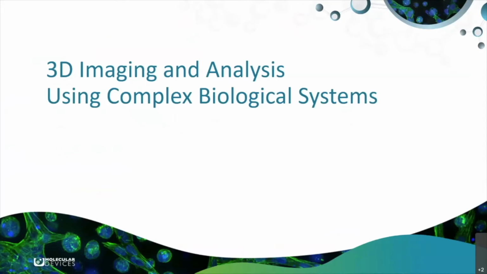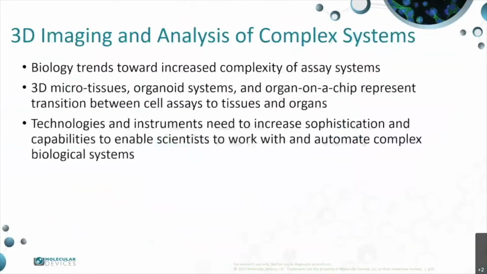I'm Oksana Sirenko. I'm a senior scientist at Molecular Devices, and I will be talking about 3D imaging and analysis of complex biological systems. Biology nowadays trends toward increased complexity of assays. It includes 3D microtissues, organoids, organ on a chip, which represent transition between cell assay to tissues and organs.